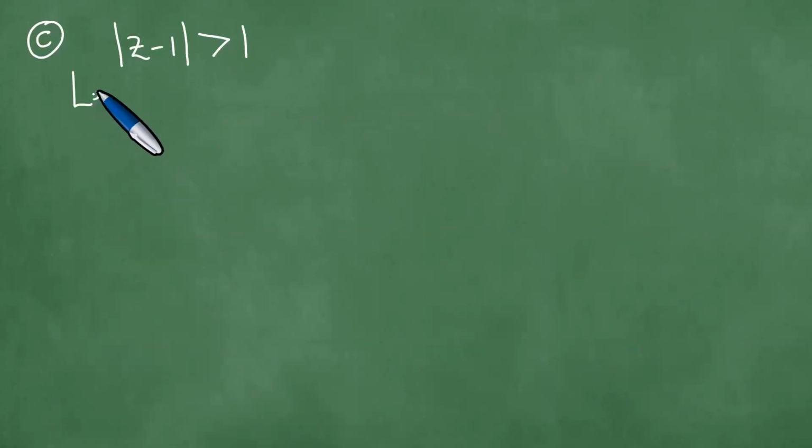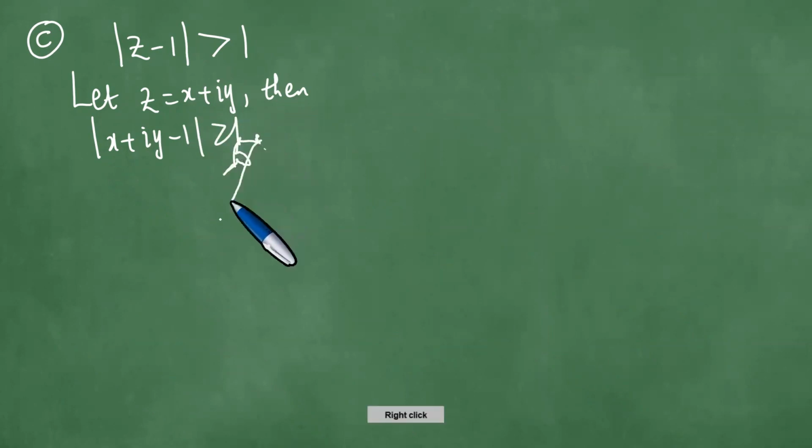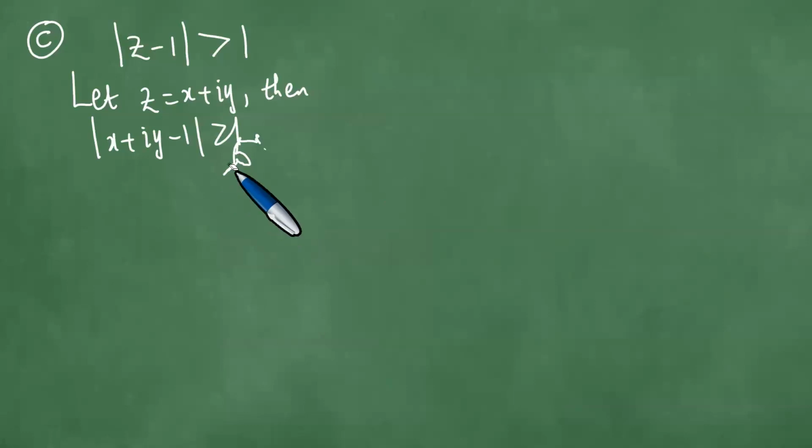Right, to do this one, we need to begin by letting z equal x plus iy. So if you look at these very carefully, let's clean this up.